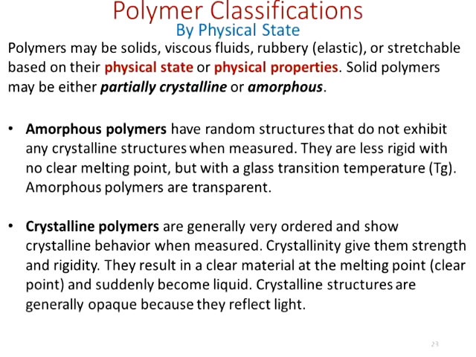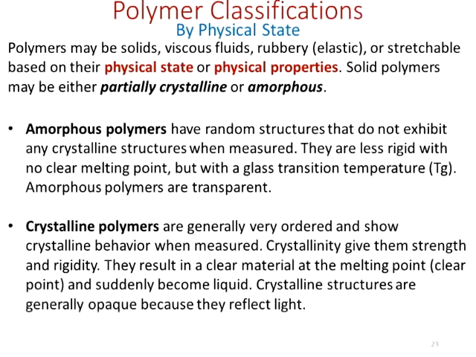So let's go back and recap what we learned about polymeric materials. We know that the physical state and physical properties of the polymeric material are very important to how they are classified. One way they're classified is based upon their solid, liquid, viscous, or rubbery properties.